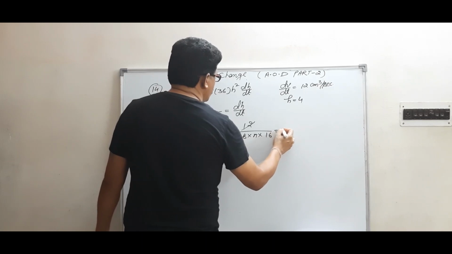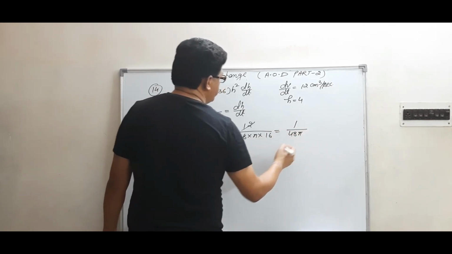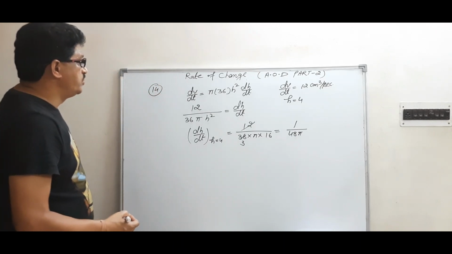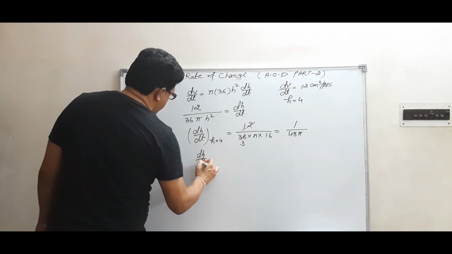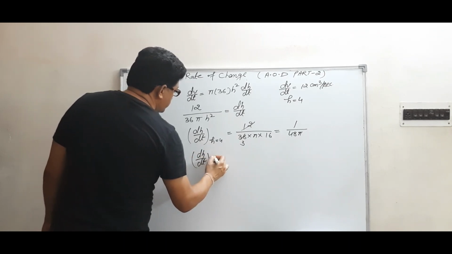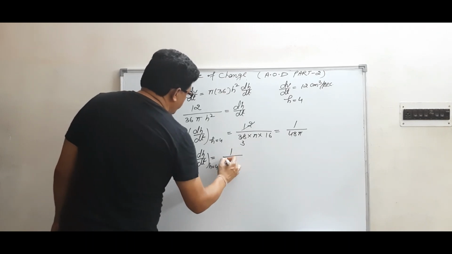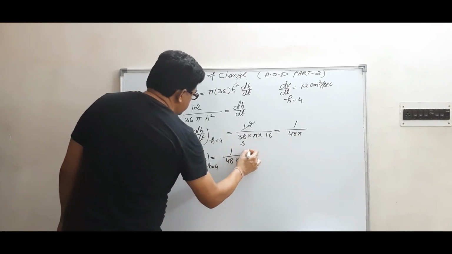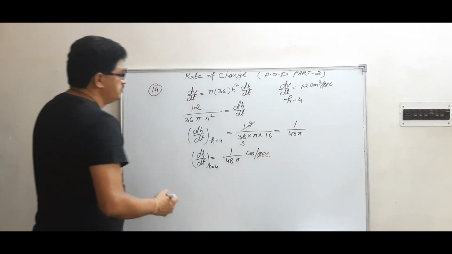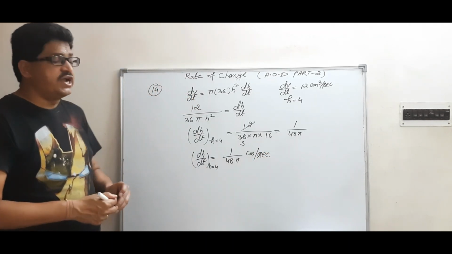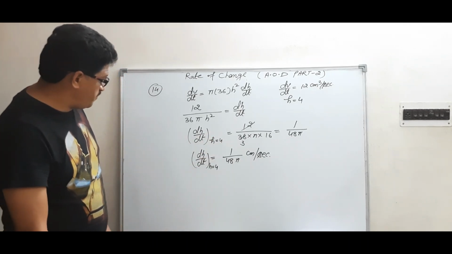So it is equals to 1 upon 48 pi. So dh upon dt at h is equals to 4 is 1 upon 48 pi centimeter per second. So this is rate of change of height, 1 upon 48 pi centimeter per second.